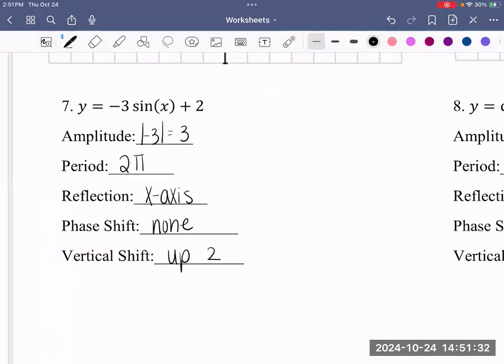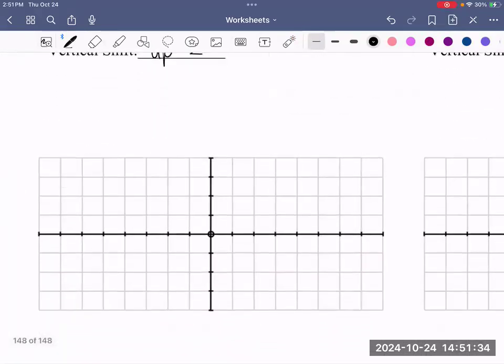So we're going to take our sine graph, which we're going to just graph a quick parent graph. Here's my quick parent graph of sine. So we have pi over 2, pi, 3 pi over 2, and 2 pi.